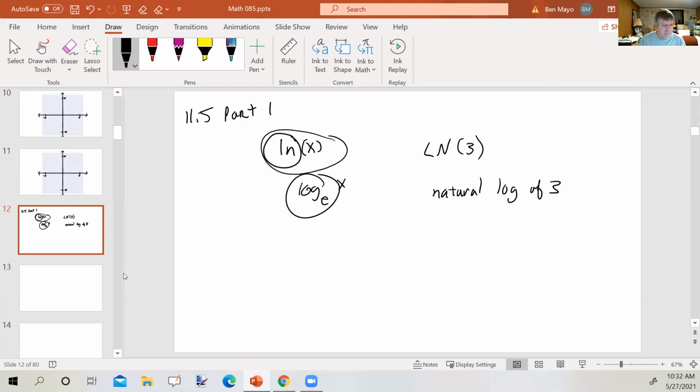Now let's look at the other notation, log of X. Here, log, just log, stands for common log, or log base 10. So if we want the log of X, we're saying we want log base 10 of X, and to access that, we use the key that just says log.